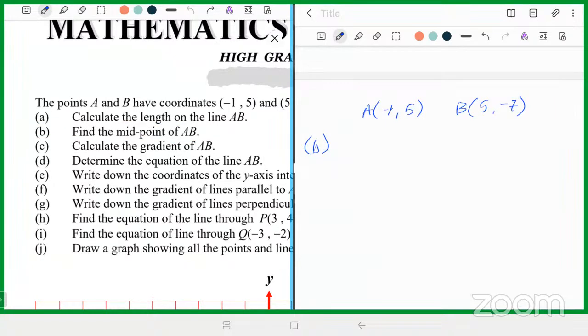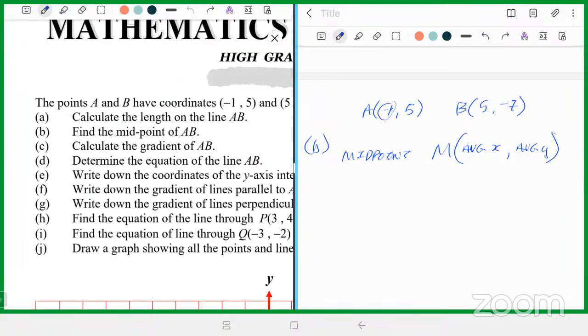So I always say to the students, the midpoint, they can think of it as an average point. So the midpoint, I'm going to give it coordinates M. We treat it like an average point. And so I say it is the average of the X values and the average of the Y values. And how do you get the average?